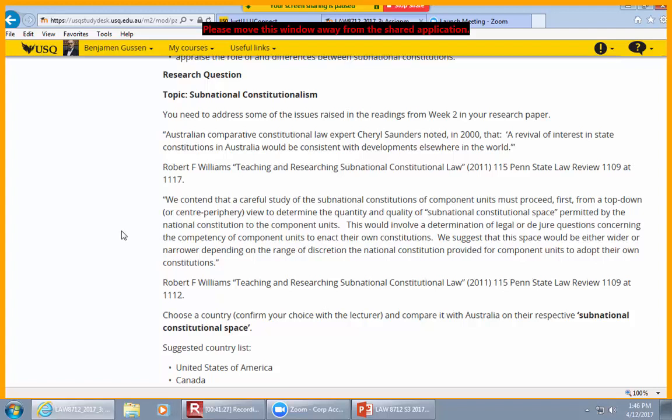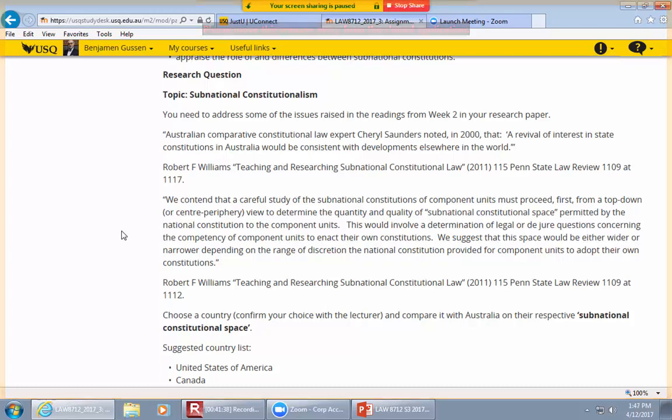This would involve a determination of legal or de jure questions concerning the competency of component units to enact their own constitutions.